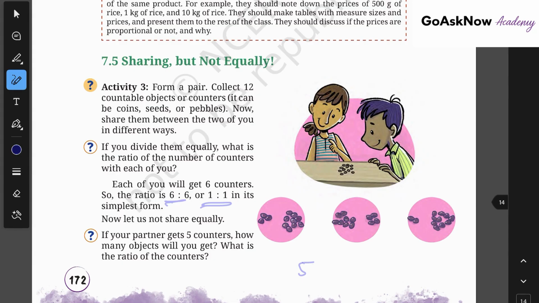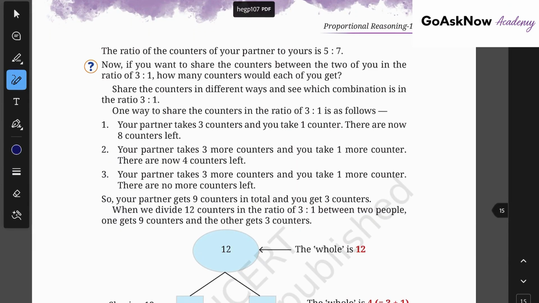So the ratio between you and your partner should be 5 to 7. So your partner has 5 and you have 7, and this is in the simplest form. The ratio of the counters of your partner and yours is 5 to 7.